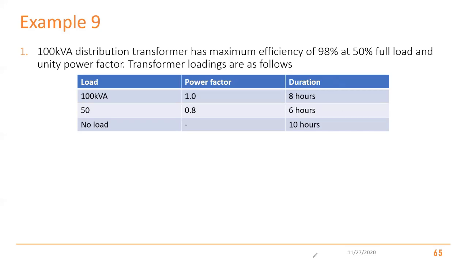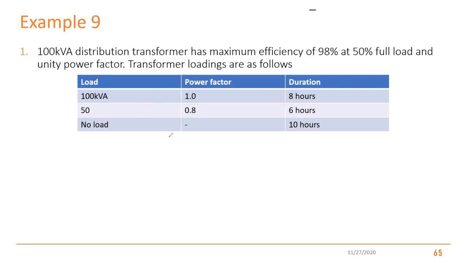So how can we solve this question? It's very straightforward. You can do it as earlier. Here, first you have to obtain the values for the full load copper loss and the iron loss. The detail given here is the maximum efficiency.